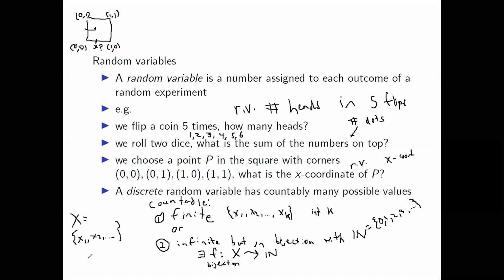And the way that we've written our elements of X over here, an easy bijection we can define based on these labels is the bijection f of xi equals i minus 1.